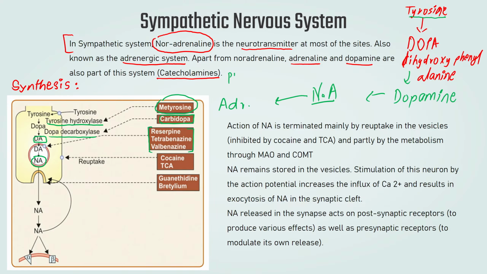That enzyme is phenylethanolamine N-methyl transferase. This is the enzyme that is responsible for the conversion of noradrenaline to adrenaline, and this conversion will not happen in the neurons. It will happen in the adrenal medulla, and therefore they are called the adrenal glands because adrenaline is released from there.